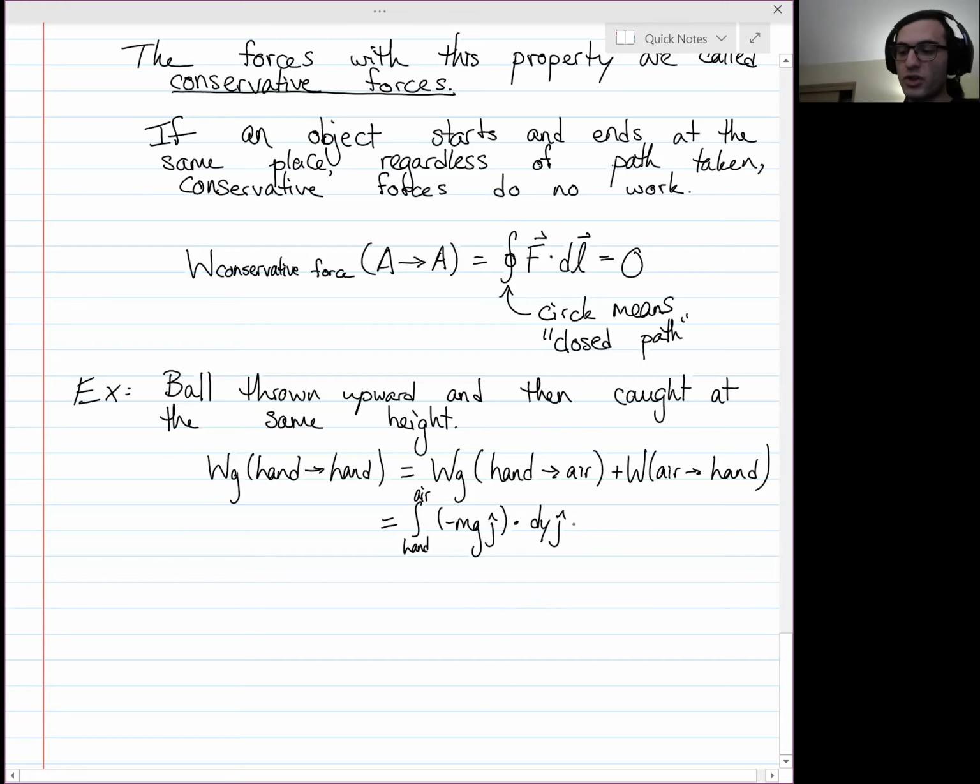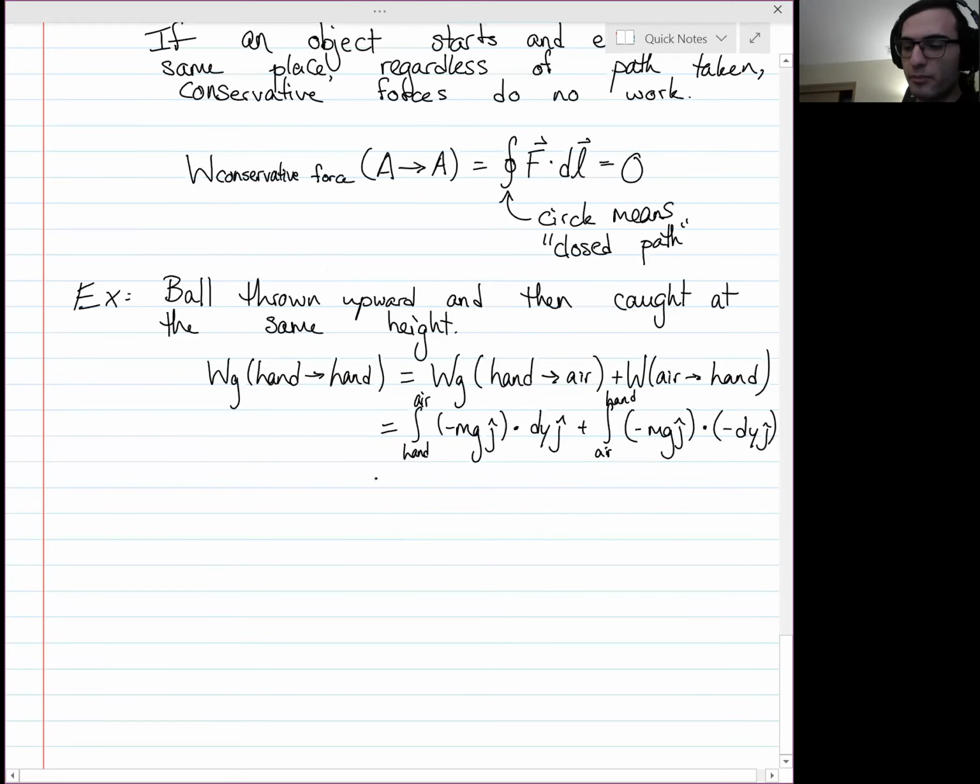So that would be the first term. And then we add to it the integral from the air to the hand. We have the same force, minus mg j hat, dotted with, this time, a minus dy j hat, because the path is going down. And so we can just do this integral.